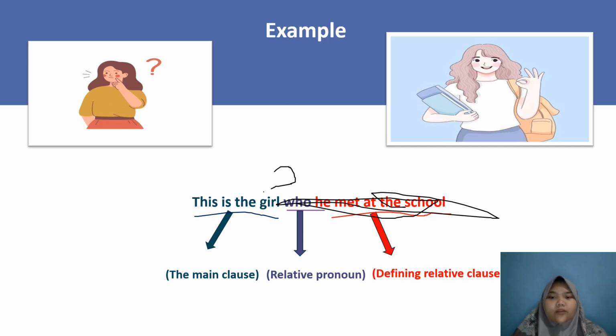There are many girls everywhere. "Who he met at the school" is absolutely necessary, and it is a defining relative clause. And here, "this is the girl" is the main clause, and of course, "who" is the relative pronoun.